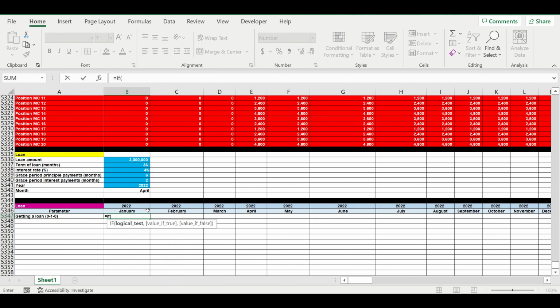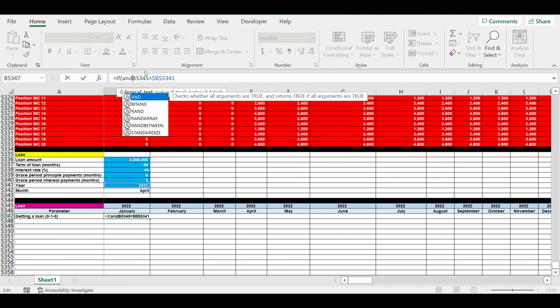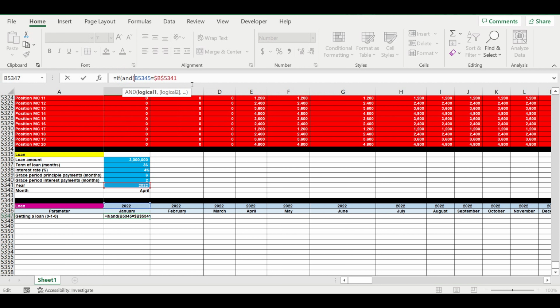If this value equals this value, and this value equals this, we will put 1, otherwise 0.